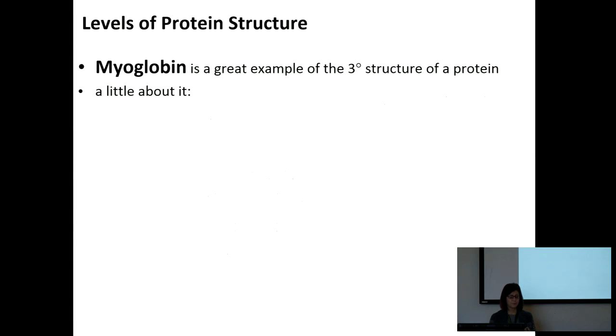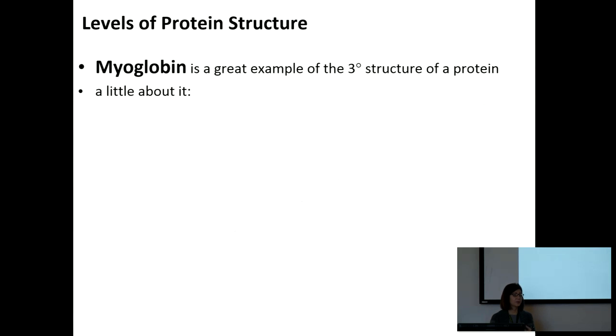Putting those together, we have secondary structure, which is only a local 3-dimensional structure, meaning not the whole story. And those are alpha helix and beta sheets. And those are interactions in the backbone.